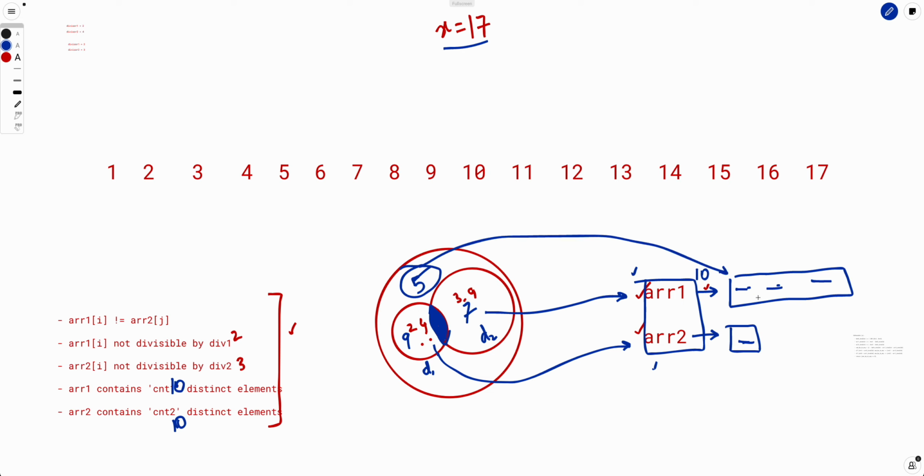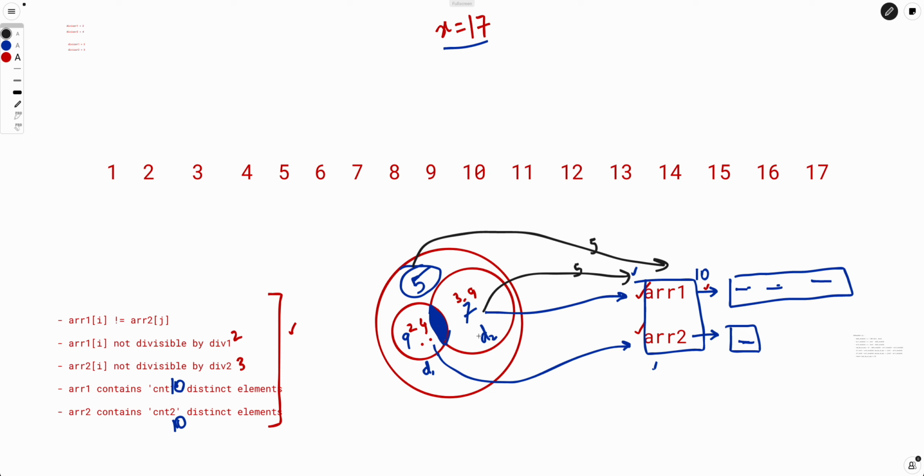And now we are left with 5 more, so we take 5 more from here. Okay, let's just change the colors. So we put 5 here, this 5 here, and from here we took 5, and from here we took 5, and we fill these 10 integers in array 1.